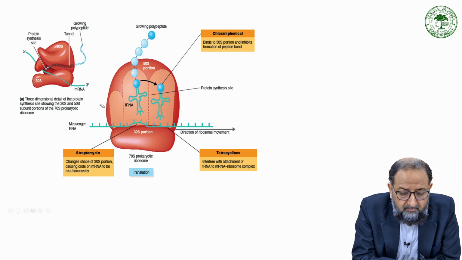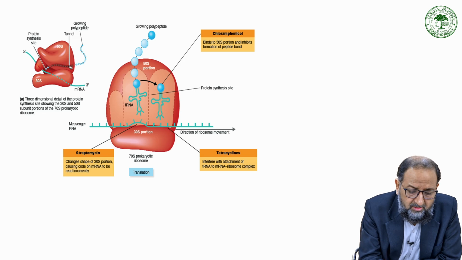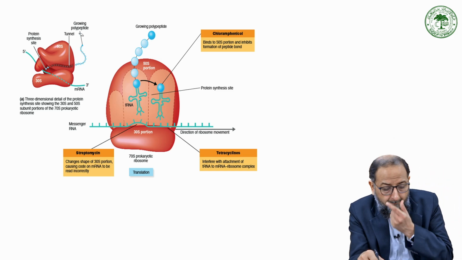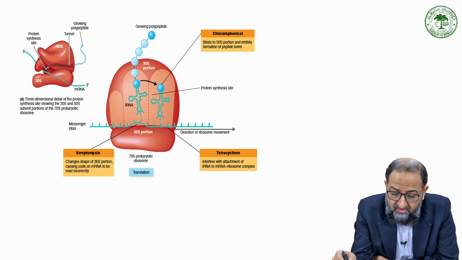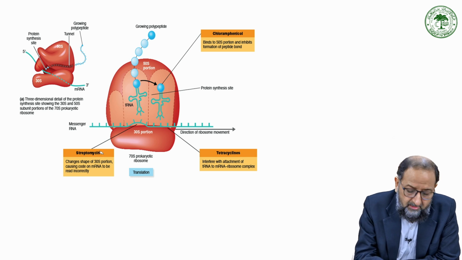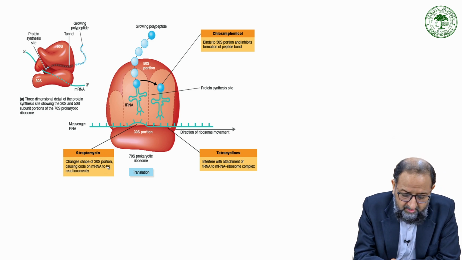Now, this is called the tunnel, where peptide bond formation and translocation take place, and the growing peptide goes through this tunnel. This is the first step. Now, for example, this is streptomycin, and streptomycin changes the shape of the 30S ribosome.